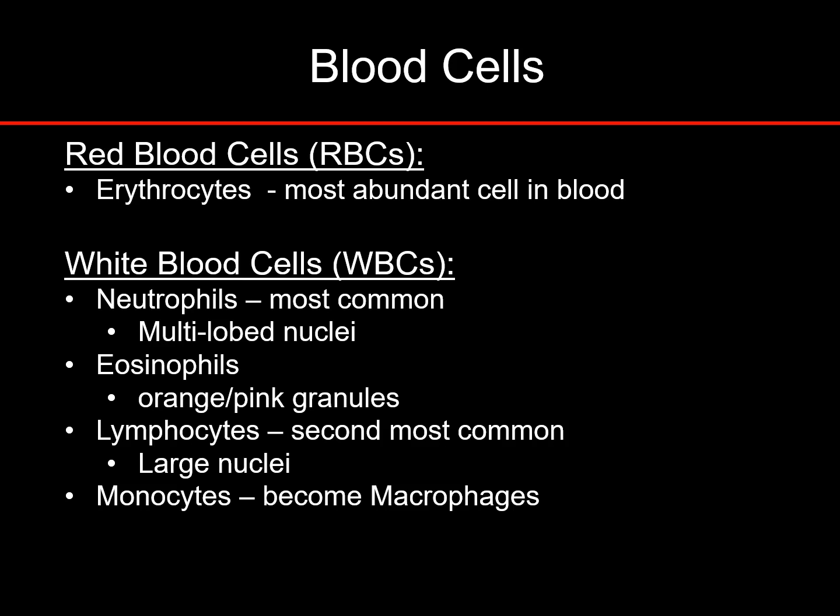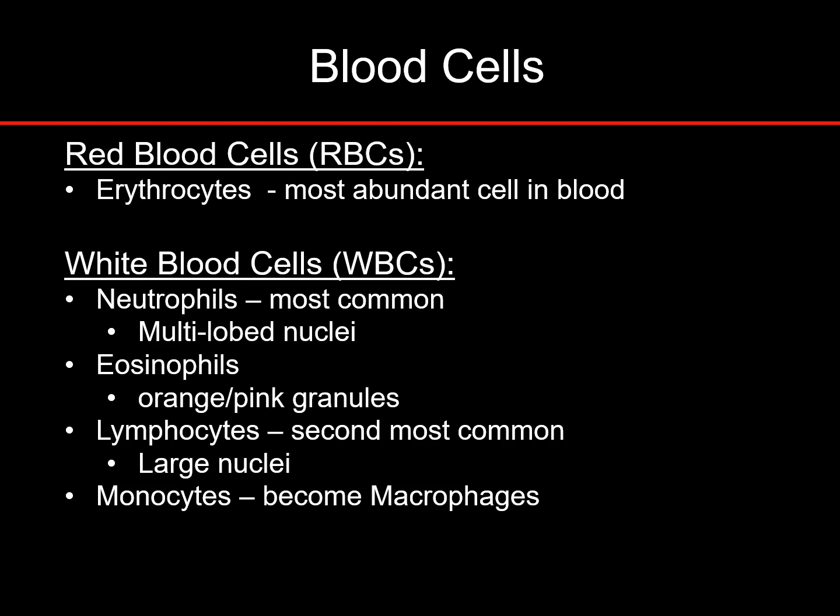And last but not least, we have monocytes. These look a little bit different. They're very large, larger than all the other types of white blood cells, and their nucleus is very distinct. It's like a backward C or a kidney bean shape. So we'll take a look at those as well. They will eventually become macrophages in the tissue.